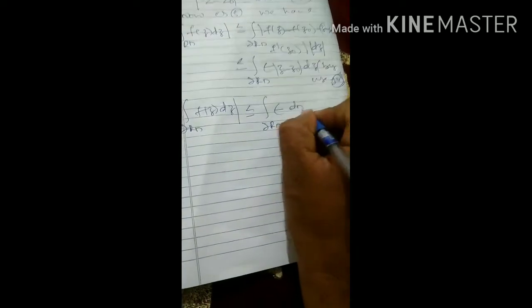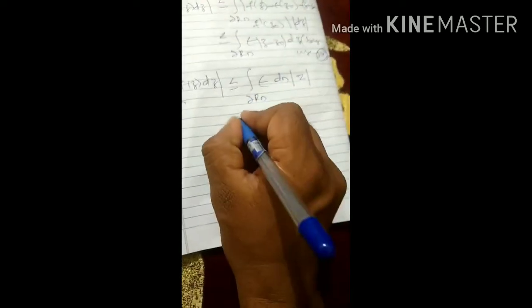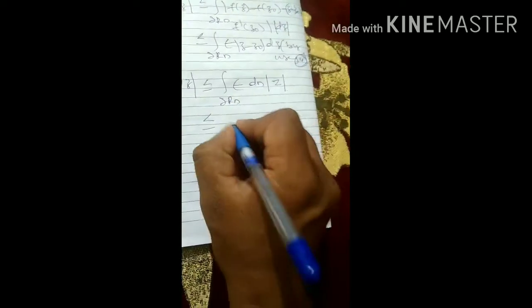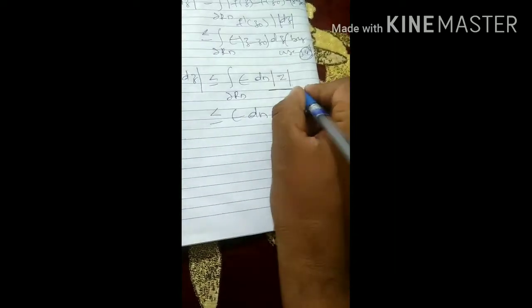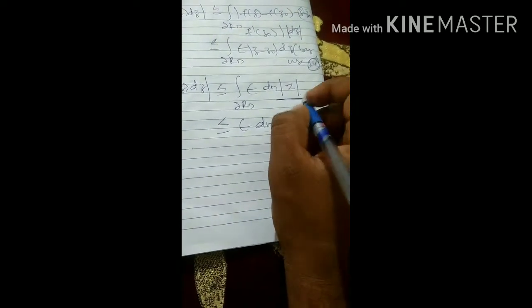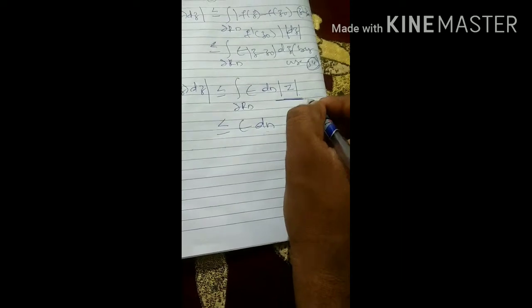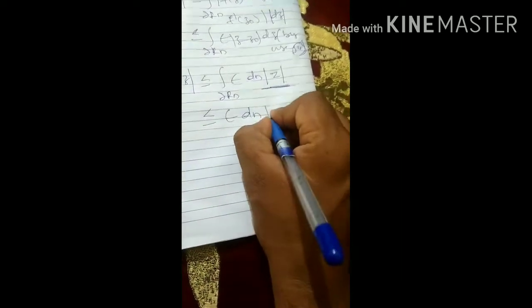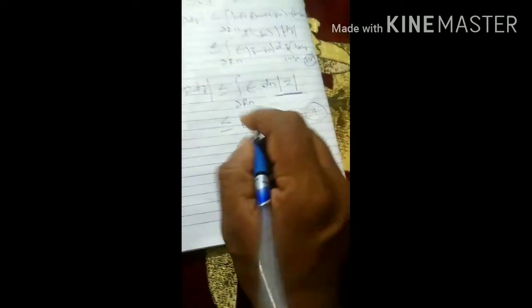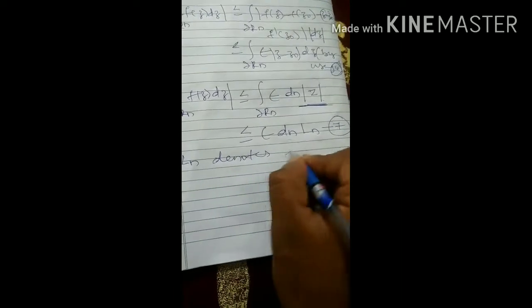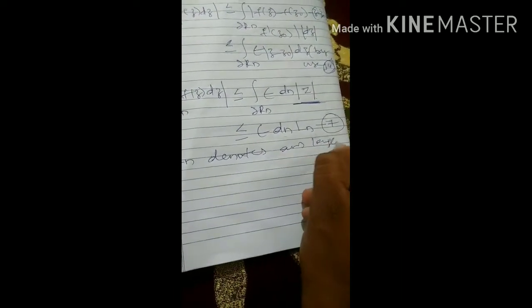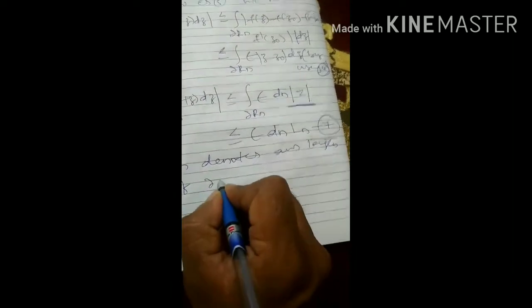Here dn means the length of a diagonal, so we get epsilon dn times the arc length of del Rn. So now I should take ln, and this is equation number 7, where ln denotes the arc length of del Rn.